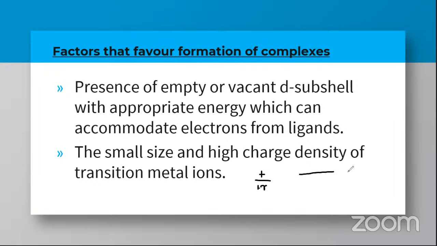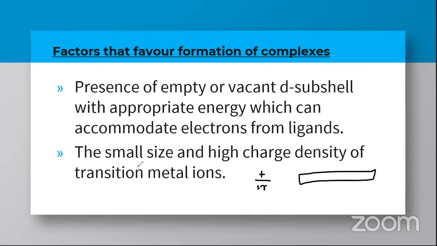Remember, when we are moving across a period, we are moving from one group to another. So the charge keeps on increasing, say group 1, 2, 3, but the ionic radius keeps on reducing, because we are having a small size of the atoms or ions.